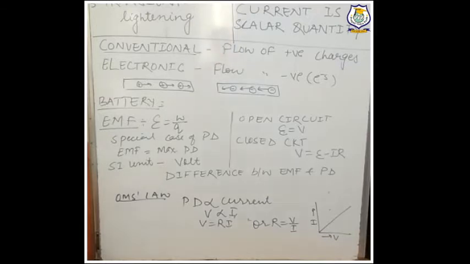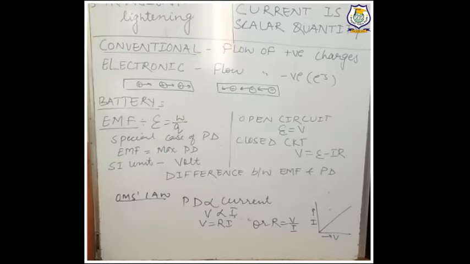Now let's have some discussion about Ohm's law. According to Ohm's law, the current flowing through a conductor is directly proportional to the potential difference applied across its ends, provided temperature and other physical conditions remain unchanged.